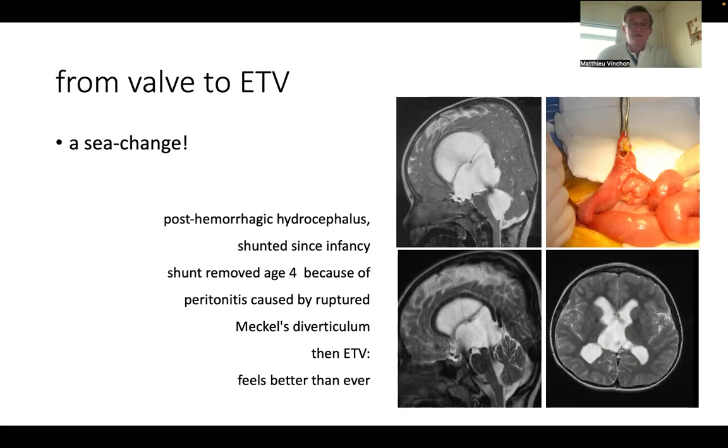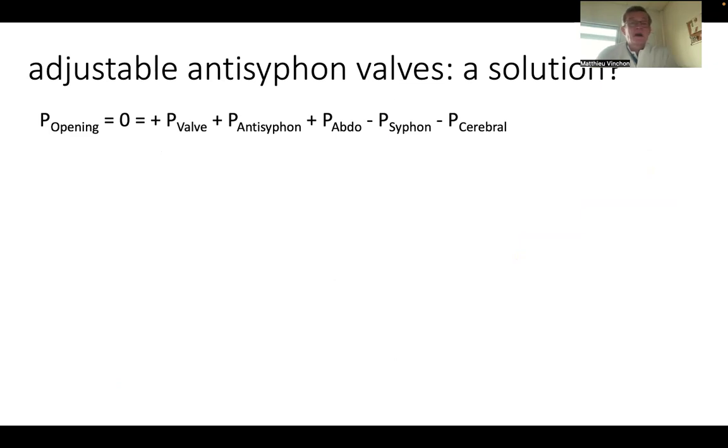treatment for his hydrocephalus. Then, are the adjustable anti-siphon valves a solution? This is a question of a balance of pressure. If we consider that the opening pressure, that is the zero of the valve, is the pressure of the valve plus the pressure of the anti-siphon plus the intraperitoneal pressure minus the siphon effect minus the intracranial pressure.